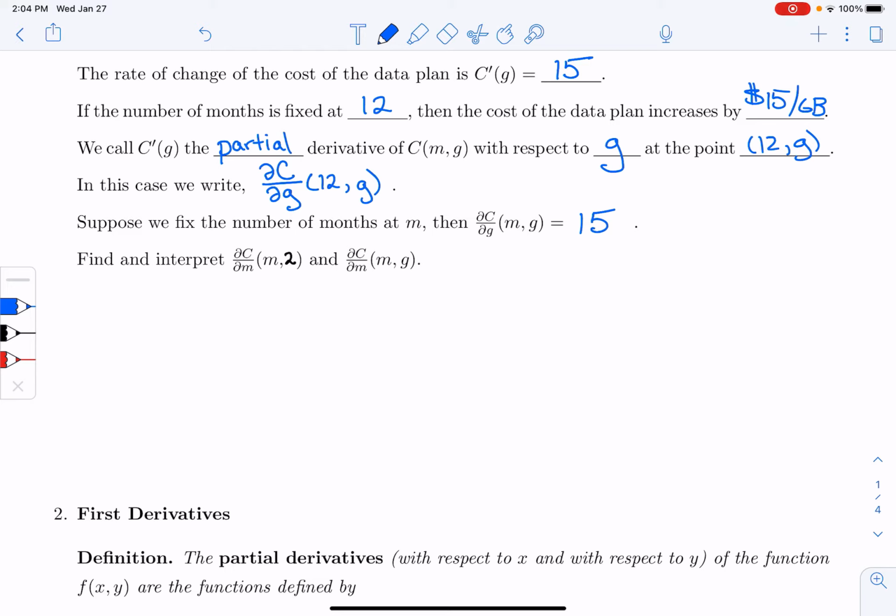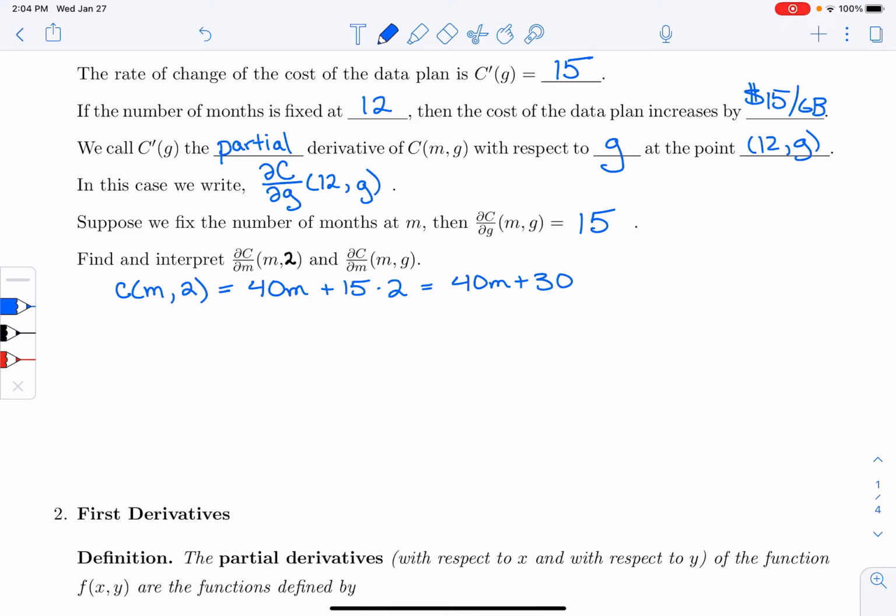Well, we have to first calculate, what is C of M, 2? C of M, 2 is going to be 40 times M plus 15 times 2. We can rewrite that as 40M plus 30.